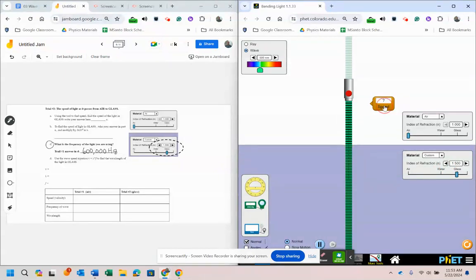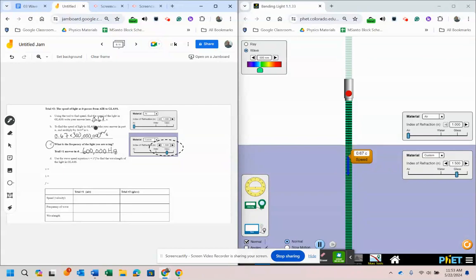Now, what I'm going to do here is I'm going to take the speed sensor, and we see that it's 1C here. But when I go into the glass, it turns out to be a little bit slower at 0.67 C. So C being what means the speed of light. So I'm going to take 0.67 and multiply by 300 million meters per second.